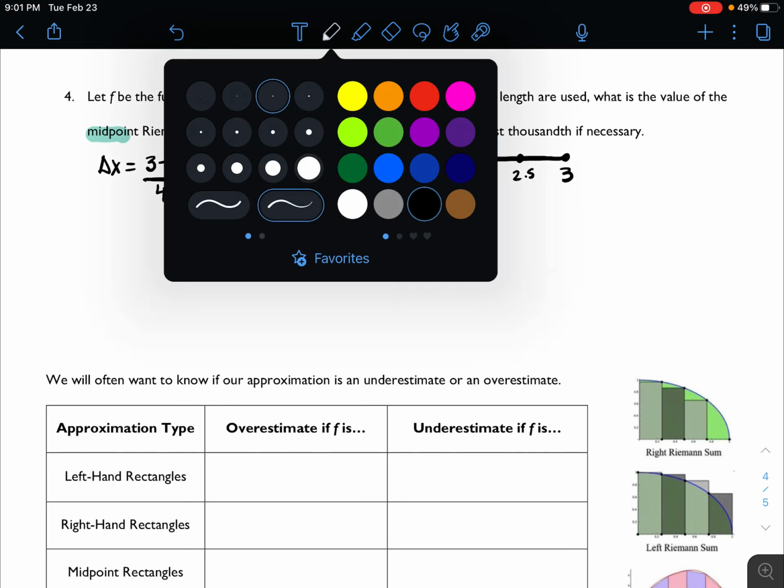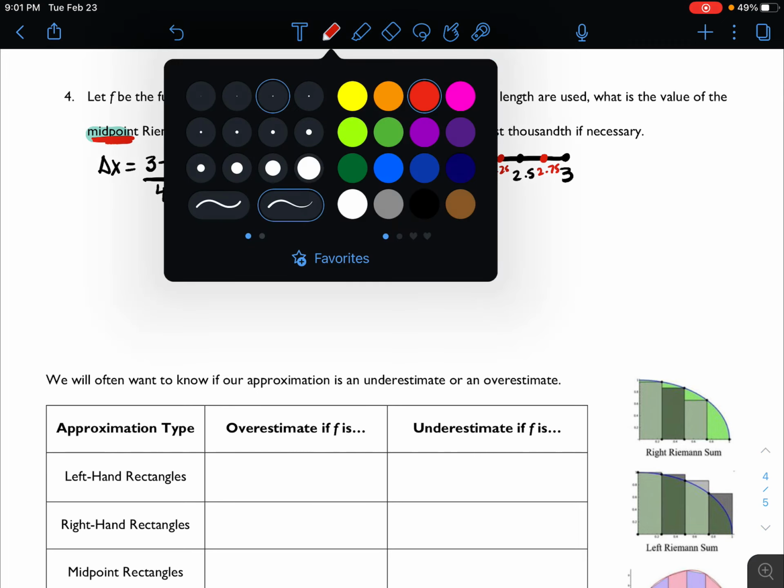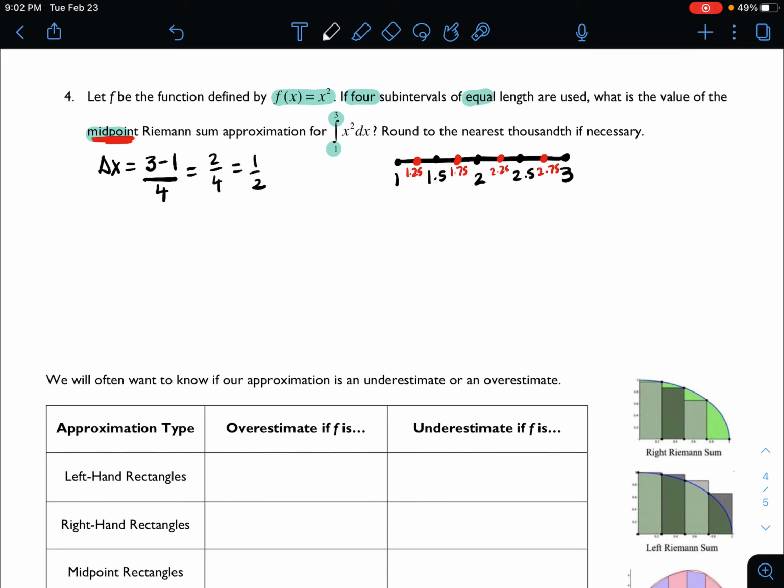But because I'm doing a midpoint sum, I will use the y values at the x values halfway in between. So I'm going to use the y value at 1.25, at 1.75, at 2.25, and 2.75. So these other numbers are just the endpoints of my intervals, but they're not going to be the heights that I actually use.